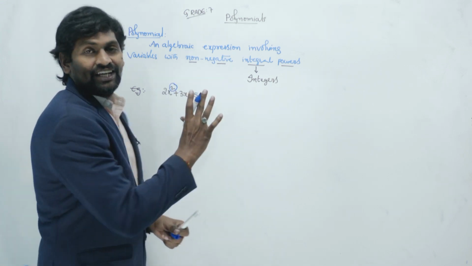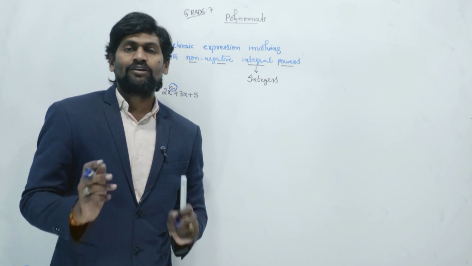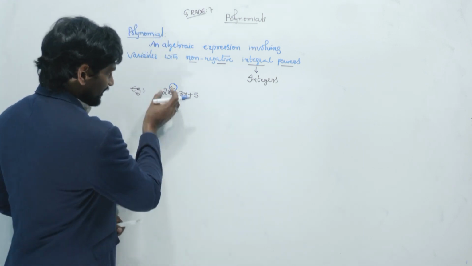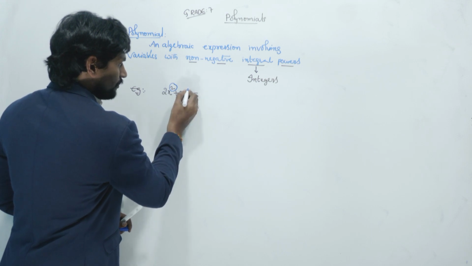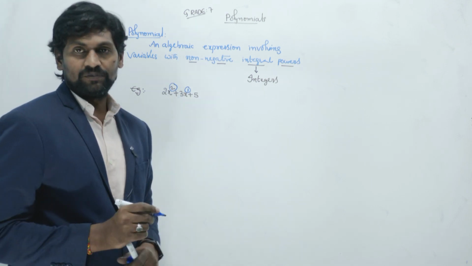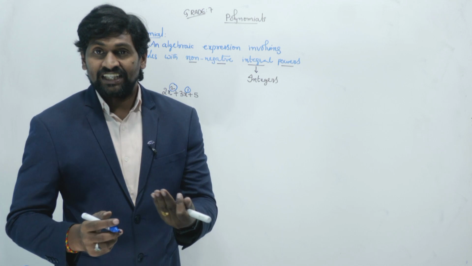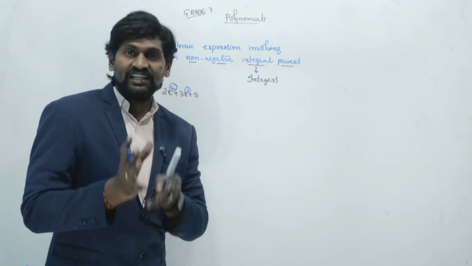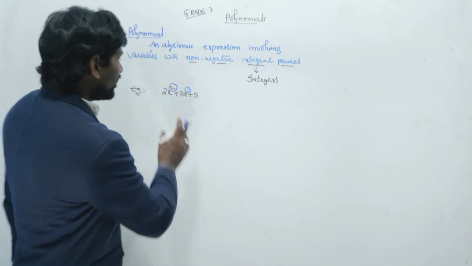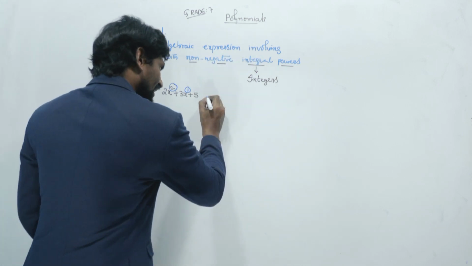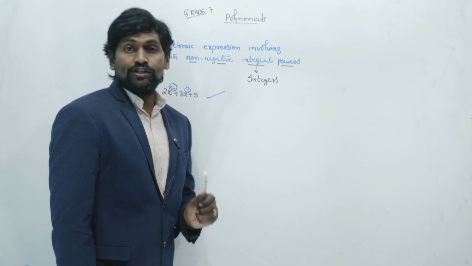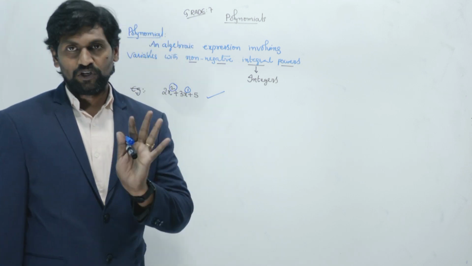Is 2 a non-negative integer or not? Yes, it is. In 3x, there is no power written, so we should consider it as 1. So 1 is also a non-negative integer. So it is a polynomial. Such algebraic expressions are called polynomials.